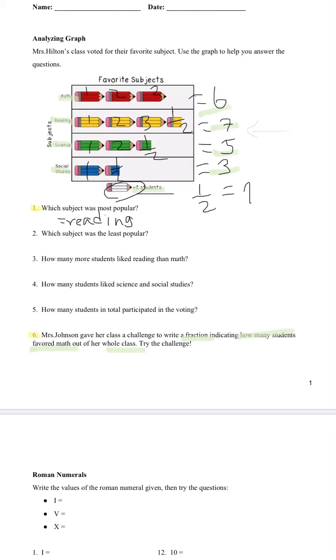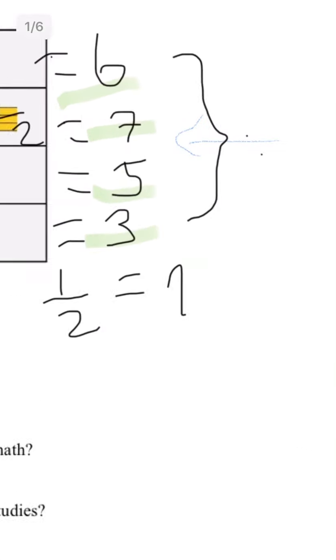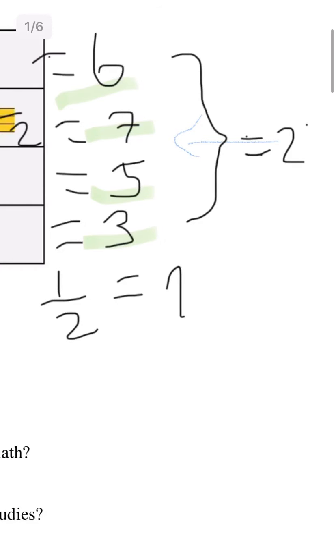Okay, so how many students are there in total? Let's first figure that out. Let's first add all of these, which is 6 plus 7 plus 5 plus 3. And that is 21. So in total, we have 21 students.